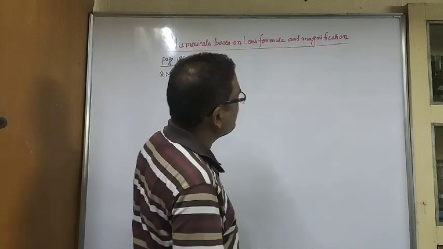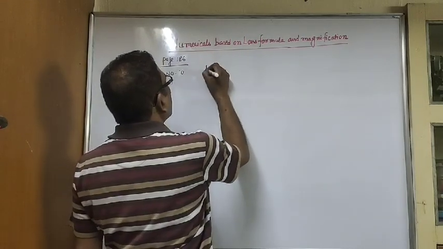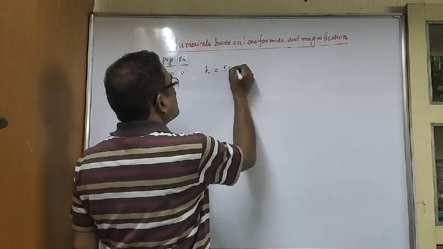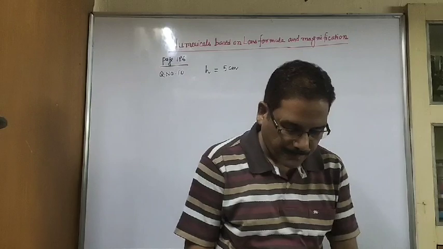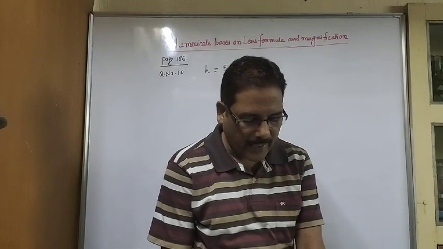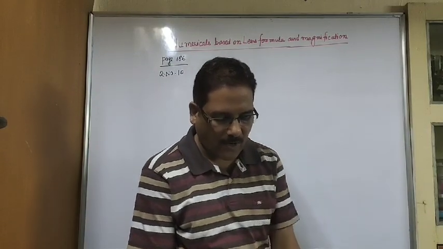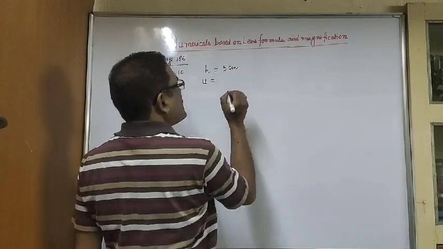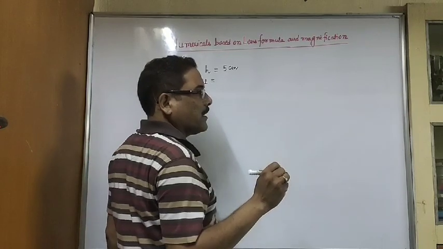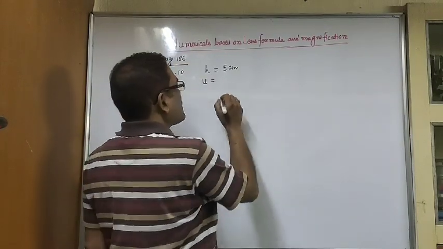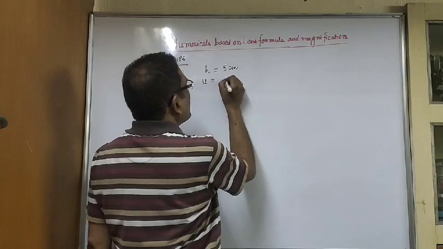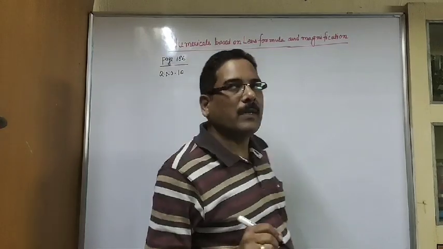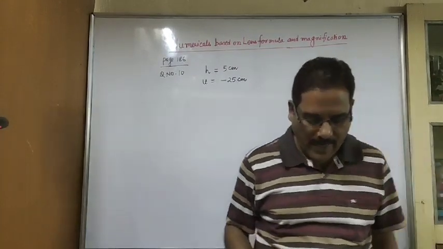So object 5 centimeter in length, it means h, height of object is given, that is 5 centimeter, and it is held 25 centimeter away from a converging lens. So u, object distance, is 25 centimeter. But in sign convention we have discussed that object distance is always negative. So u is minus 25 centimeter.